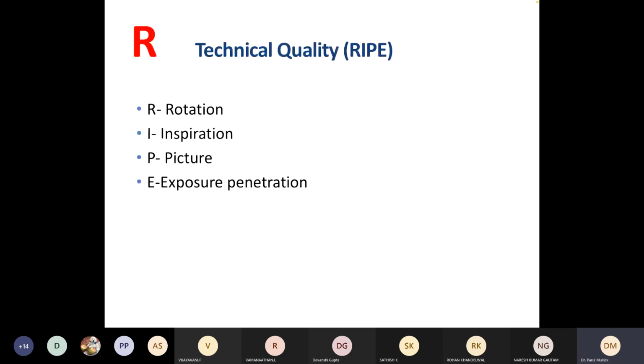Because we want to say that this is an X-ray of Mr. So-and-so, taken on a PA film or an AP film, and hold it properly. And then you have to talk about whether it is a good quality film or not. So what is the quality? Whether it is rotated or not rotated, what type of film it is, inspiratory or expiratory, whether it is a complete picture or an incomplete picture, and how the penetration and exposure are. Is it an overexposed film, or an underexposed film? Okay.